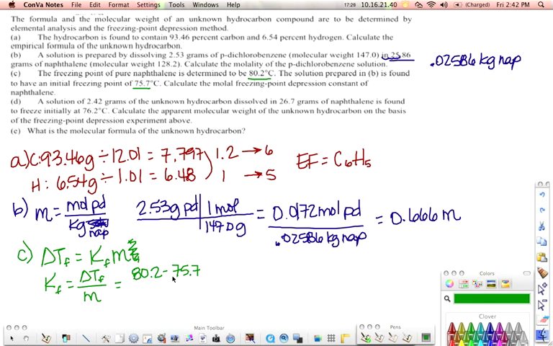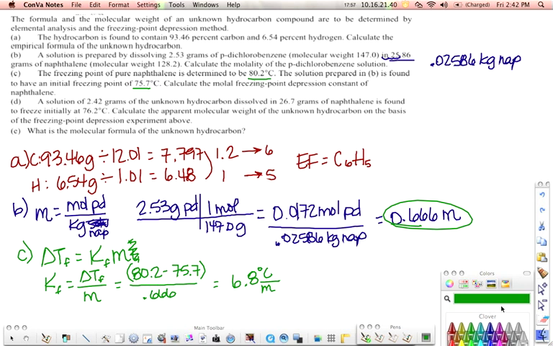And then from there, we just divide it by the molality that we calculated right there. So divide that by the really bad number. Sorry, I know that's kind of corny. And you end up with a freezing point depression constant of 6.8. And the units on this would be degrees Celsius per molal.